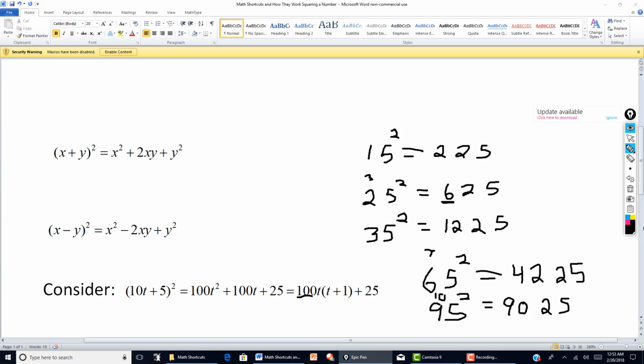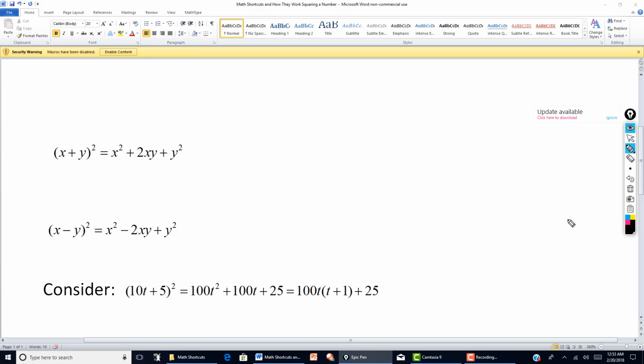The other thing I wanted to show you is, let's suppose you have something like 49 squared. Obviously, what I just did is not going to apply to something like this. But anytime you're squaring a number and it's close to some round number, like say 50 or 100 or 1,000, you can apply the formulas that I went over.